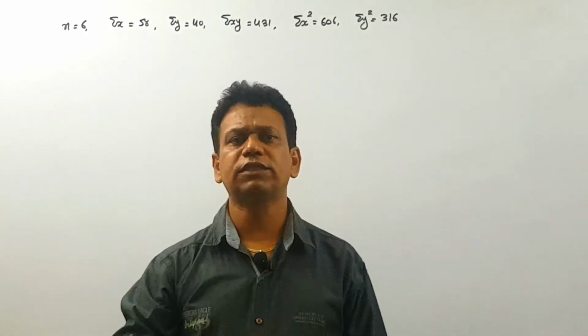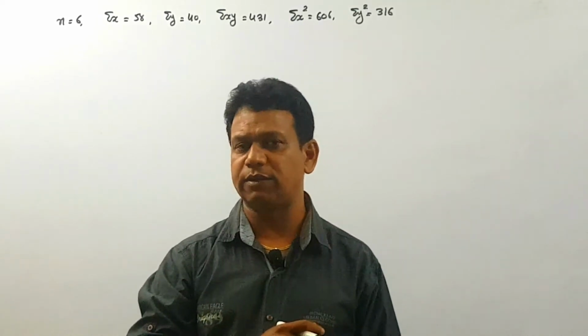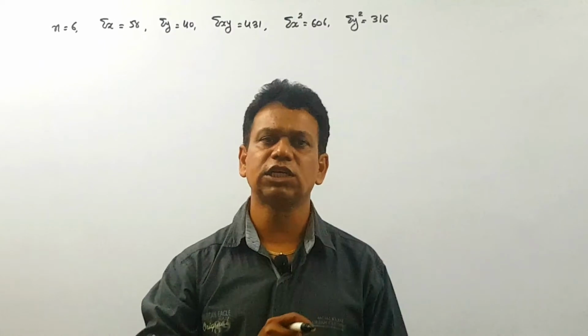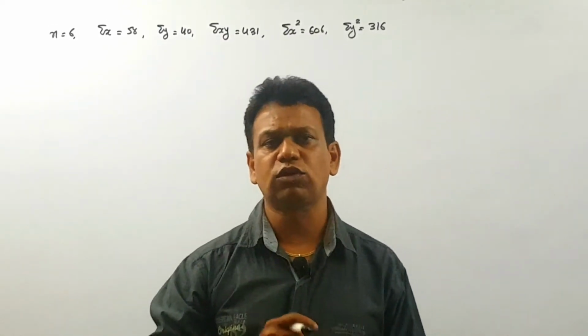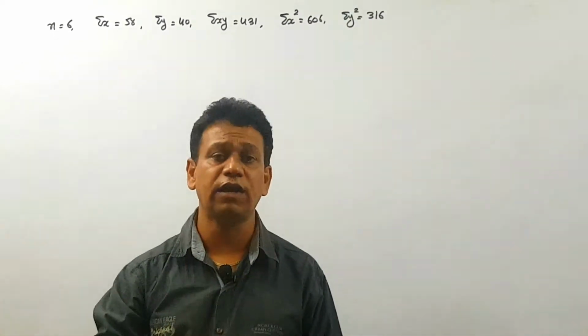Now, whenever the numbers are small, we cannot convert our variables into new variables. We use the variables directly, and the formula is R is equal to n sum of xy minus sum of x into sum of y divided by root of n sum of x square minus sum of x whole square, into root of n sum of y square minus sum of y whole square.